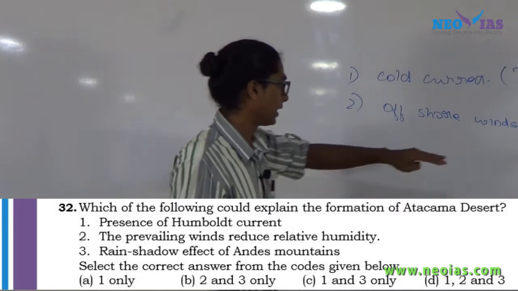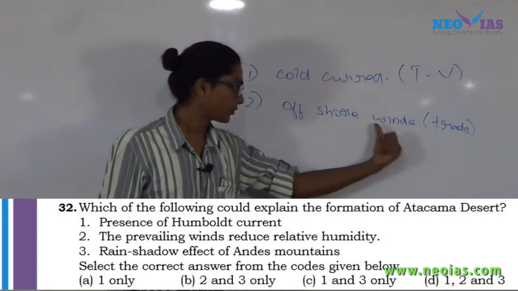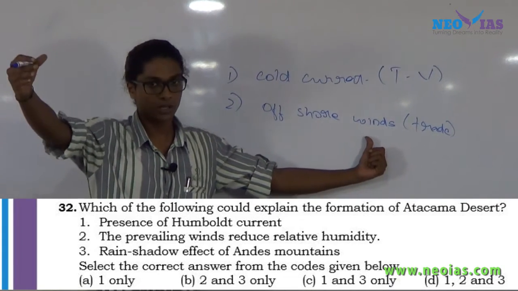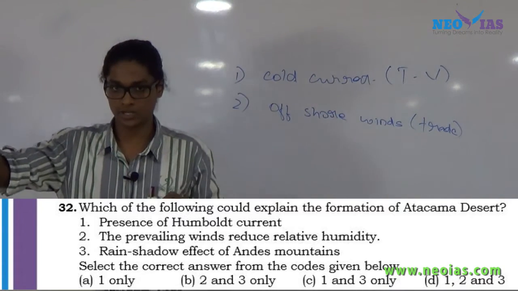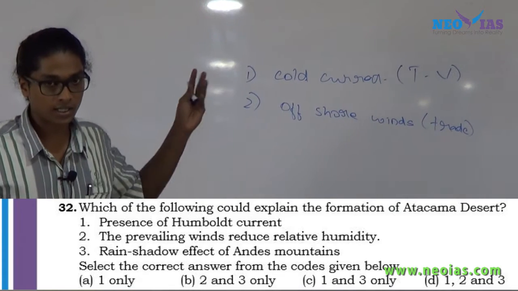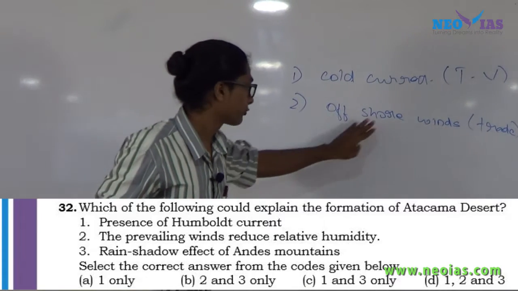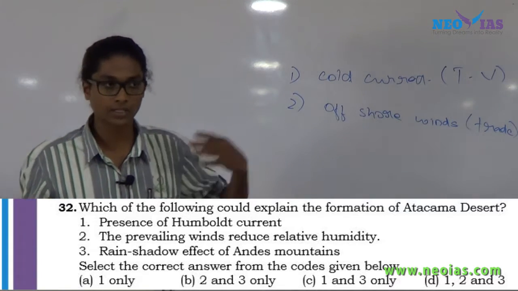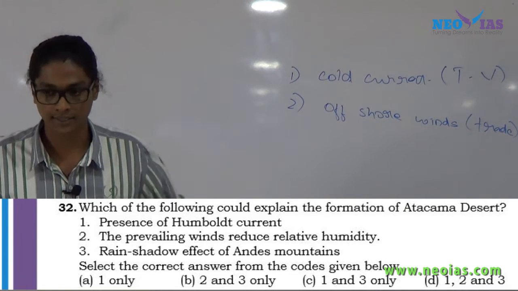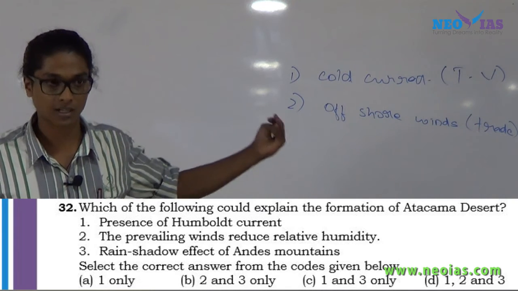They are nothing but trade winds, and they are offshore trade winds. They would have already given out precipitation in the other regions, and when reaching the Atacama Desert, it will be offshore winds. Okay, so it will not result in precipitation, again favoring the formation of desert, or specifically Atacama Desert.